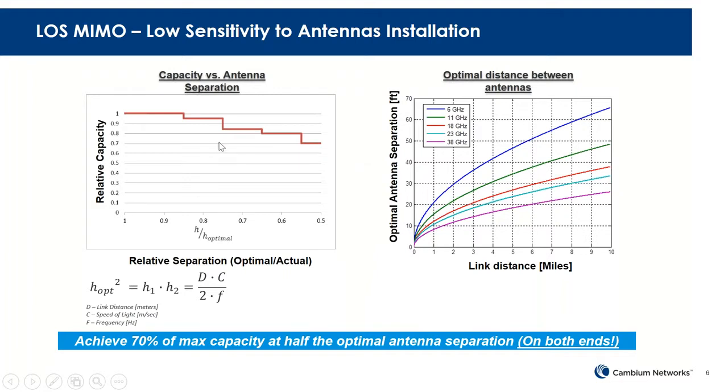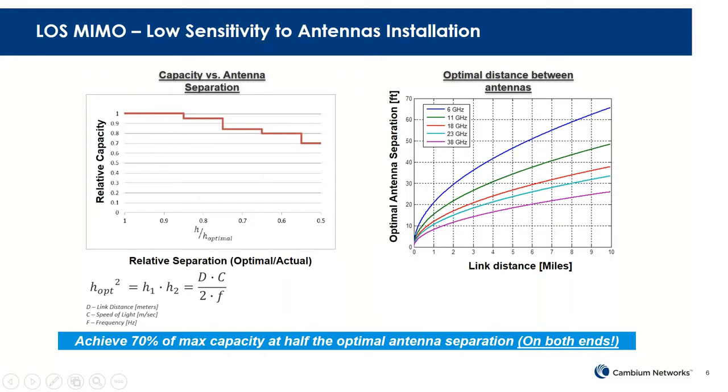You don't have to have perfect separation. You can look at the chart on the left hand side. If you are only 50% optimal, you can still achieve 70% of the capacity. So basically, it's very flexible.